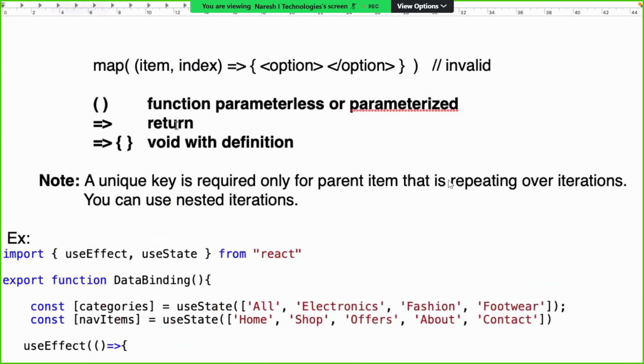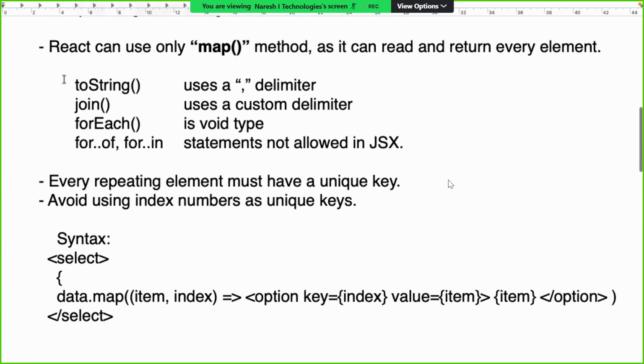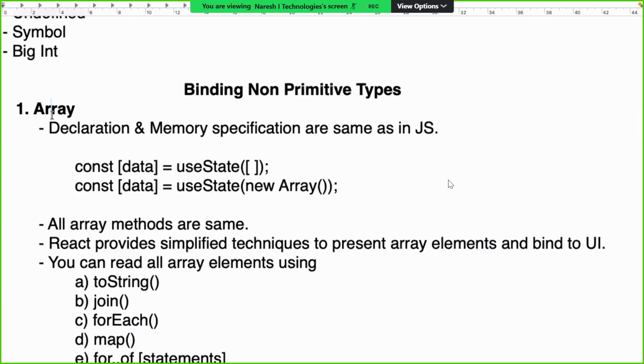Then we can create nested. So this is array, means how we manage working with arrays. In JavaScript it is lengthy, here it is simple. You can easily manage, right? This is just the point about binding. We are going to work with examples.